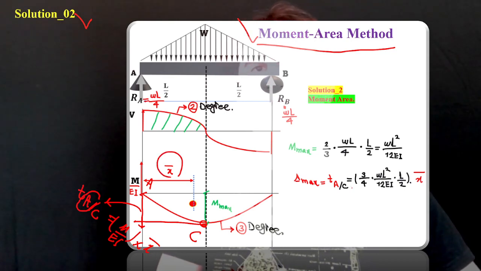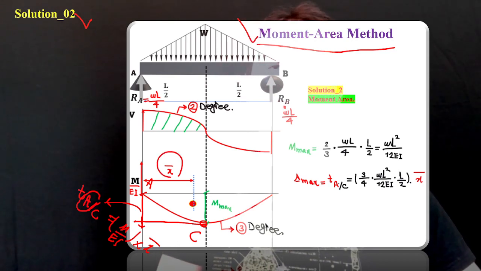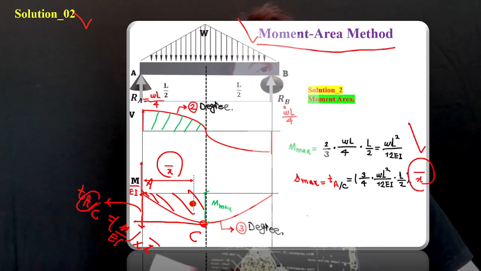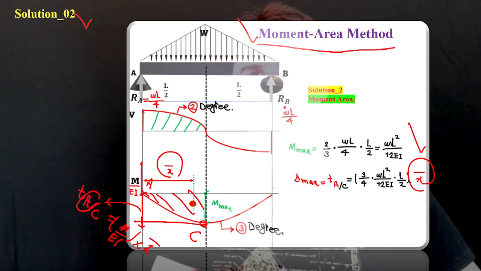We can easily calculate that area and multiply by x bar. I will provide a link for that video if you want to see the whole process for the integration method and also the moment area method.